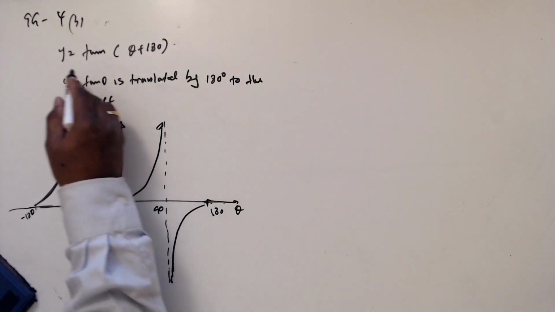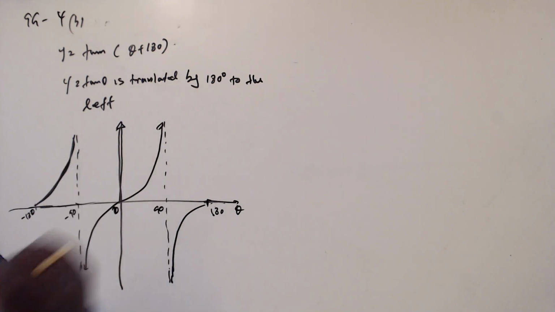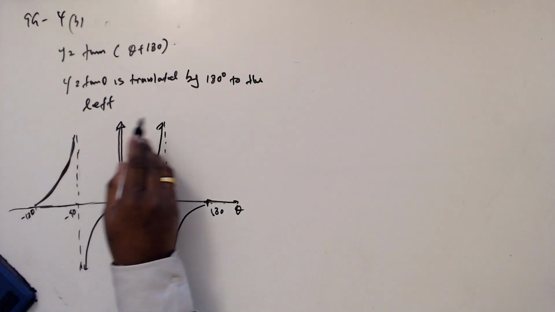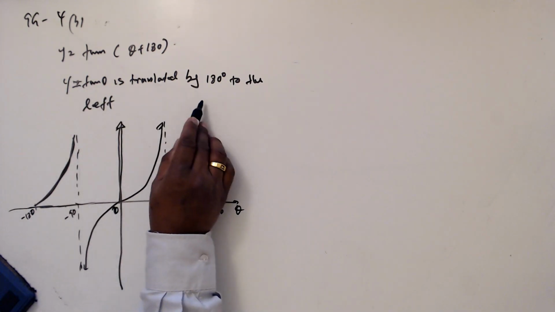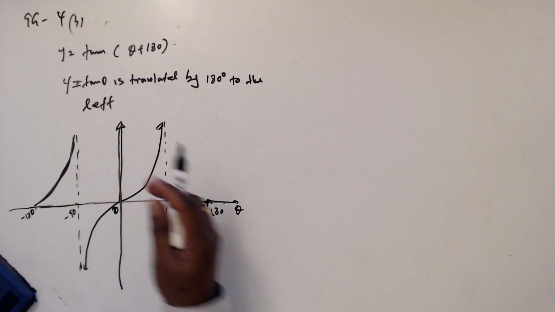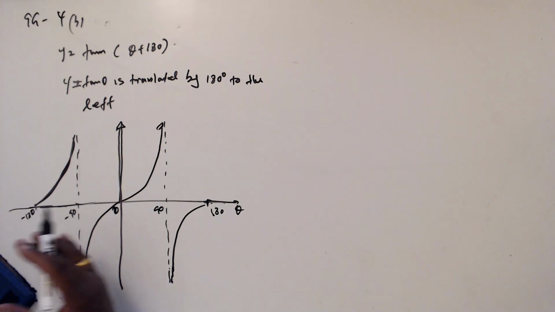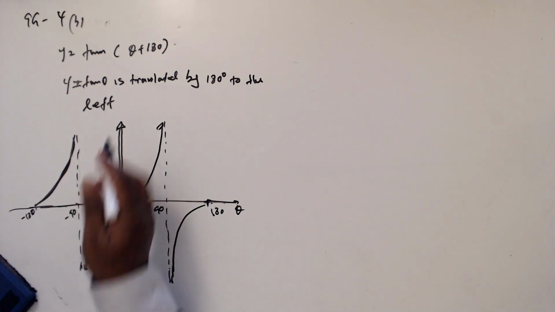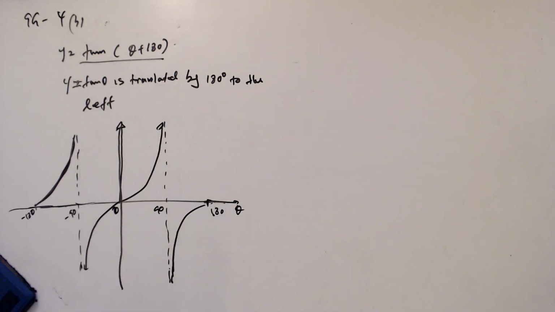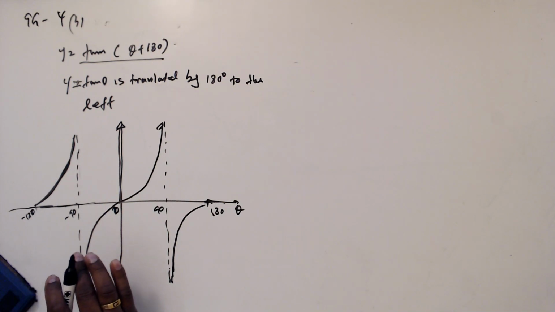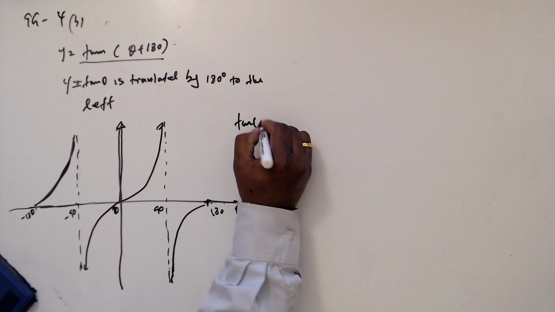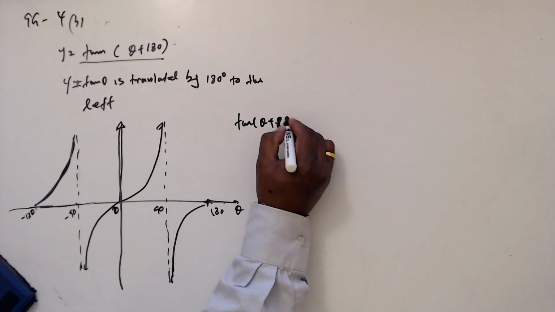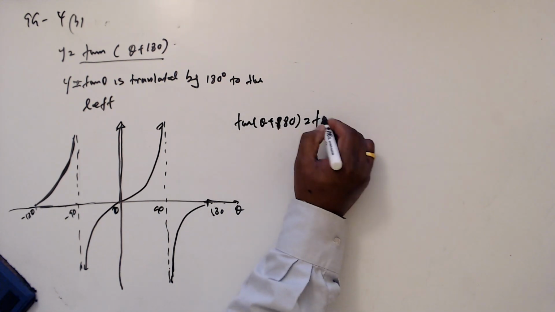This is y equal tan theta plus 180. This is y tan theta translated by 180 to the left. If you shift 180, you will get this graph. Actually, this is same as the tan theta. So you can write tan theta plus 180 equal tan theta.